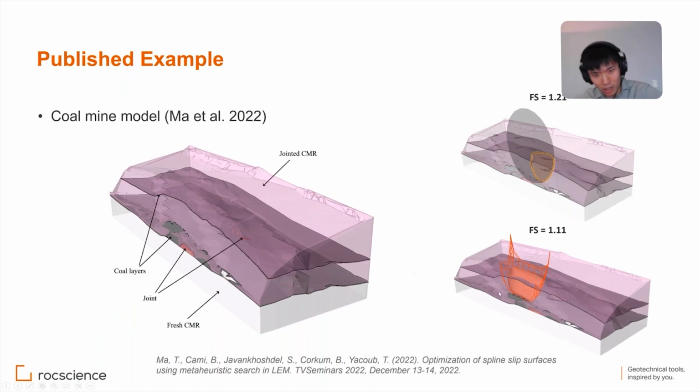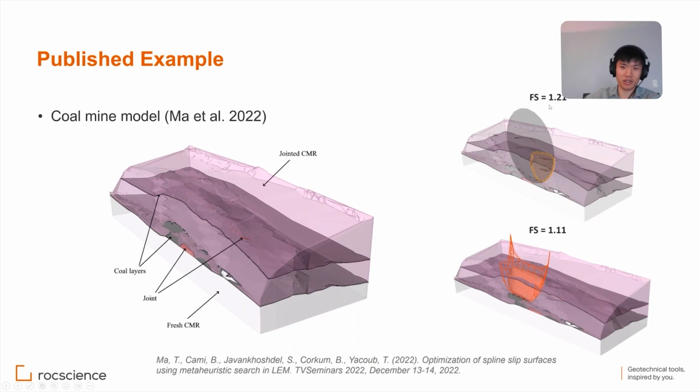We published a couple of papers here showing how our spline search method does perform better than the ellipsoids for real world examples. So in this case, we have a coal mine. The model has some generalized anisotropic materials. It's got some joint planes in there, fairly complex geology.